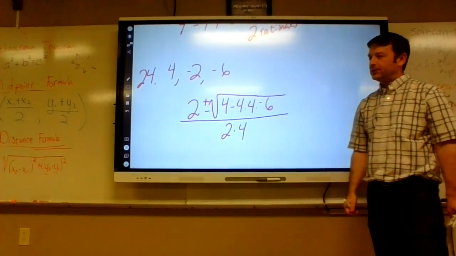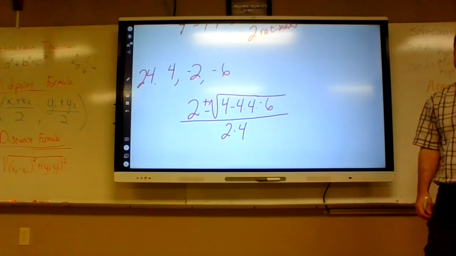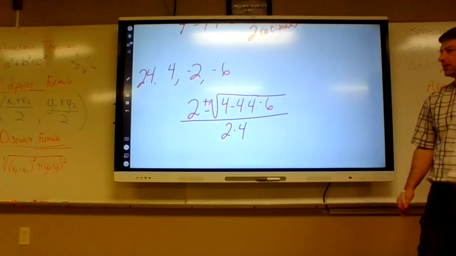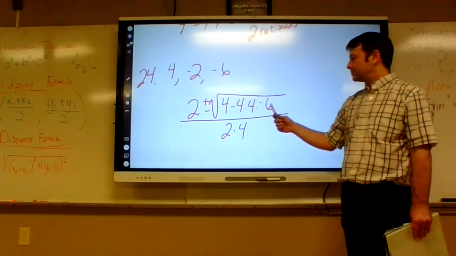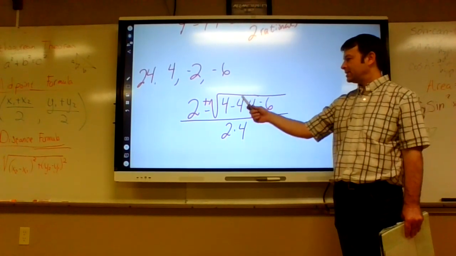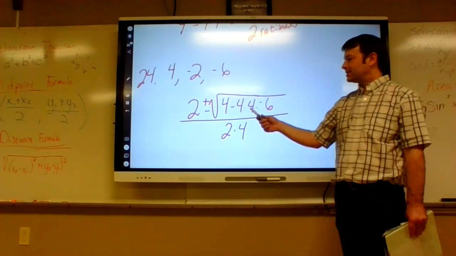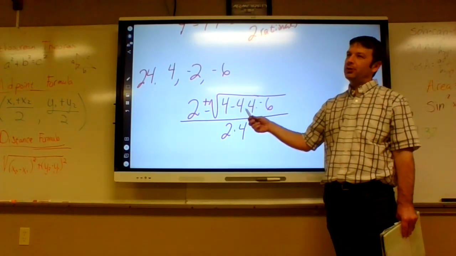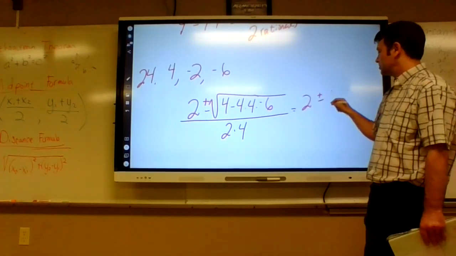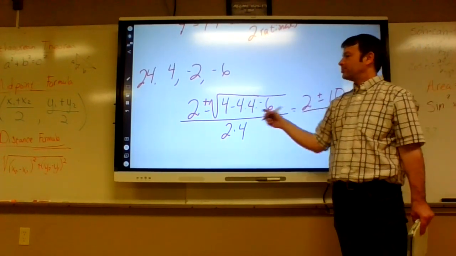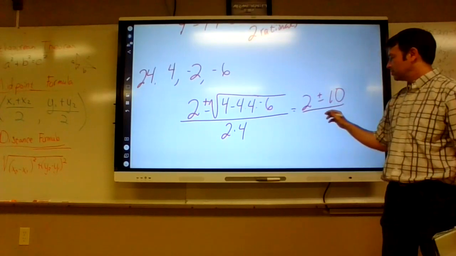I probably did, I just didn't. Yeah, I did. And it's 10. Okay, yeah, this is kind of hard. 4 times 6 is 96. 4 plus 96 is 100. What is the square root of 100? 10. So this comes out as a perfect 10 right here.